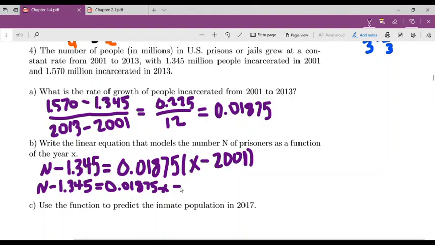So we'll get minus, if I do that real quick on my calculator, what I get is 37.51875. Now obviously all I have to do next, if you're following along, is add this 1.345 to both sides. So I'll have to add it over here as well.